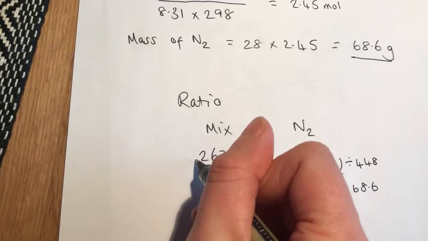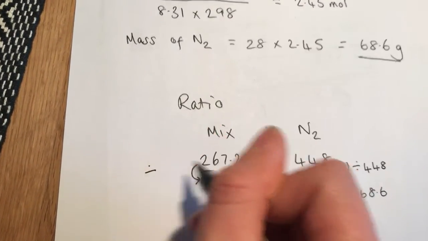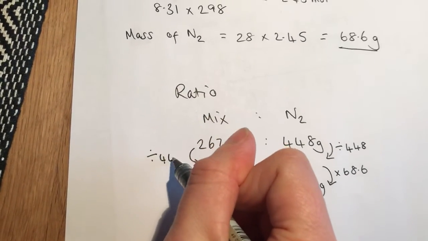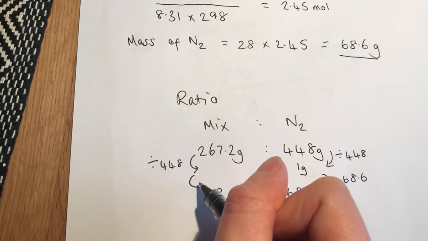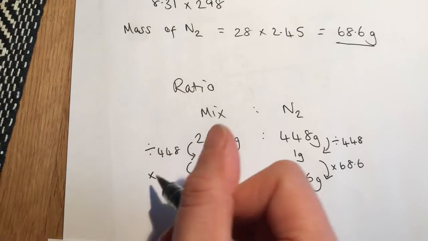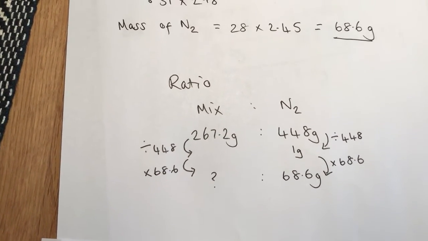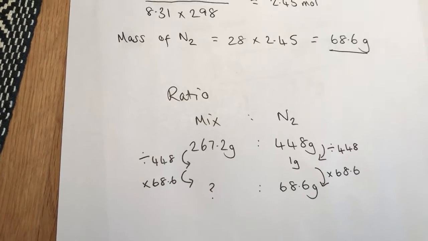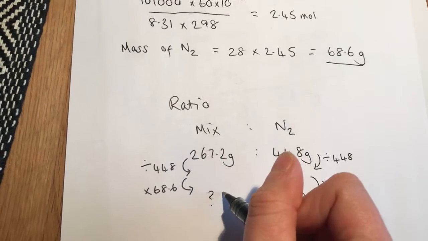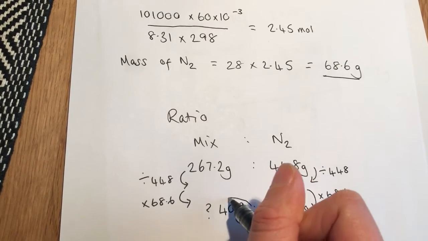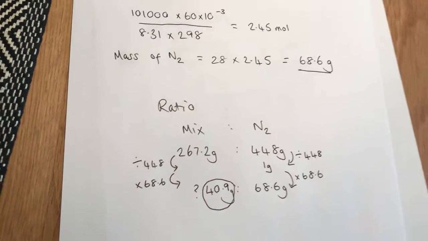Same on this side: the first thing I'm going to do is divide 267.2 by 448, then multiply it by 68.6. I don't have my calculator, but from my answers earlier, that is 40.9 grams, and that is the answer.